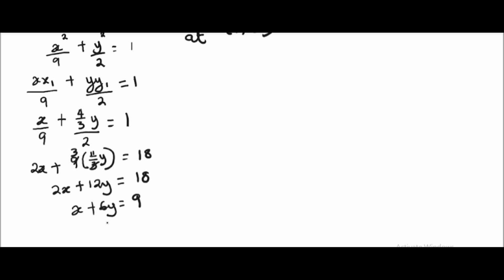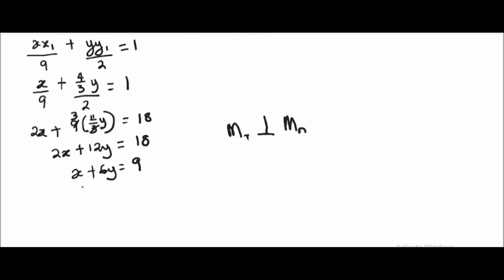So now to get the equation of normal, what happens? The slope of tangent is perpendicular to the slope of normal. So just know this and avoid stress. Now this equation of tangent, writing it in this form so that we can pick our slope, y is equal to mx plus c.